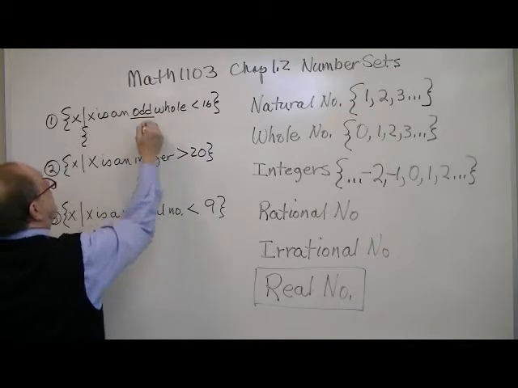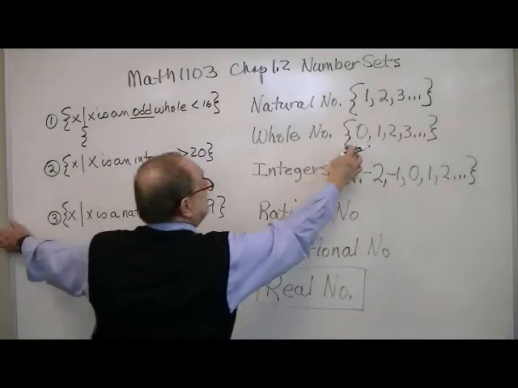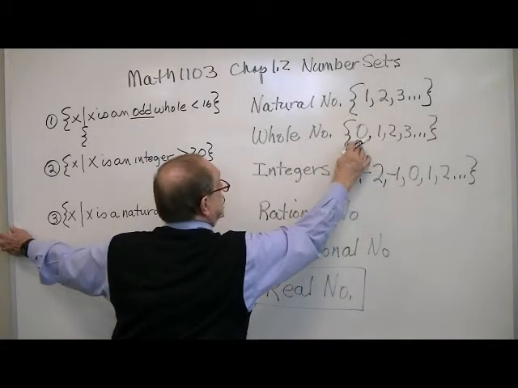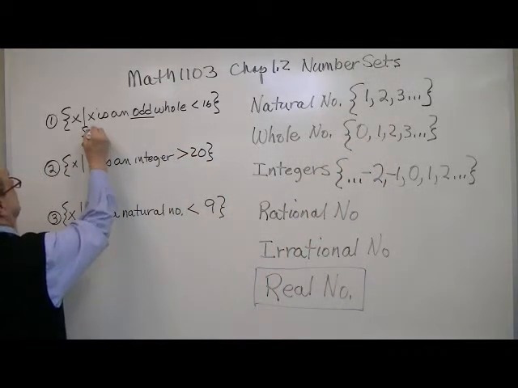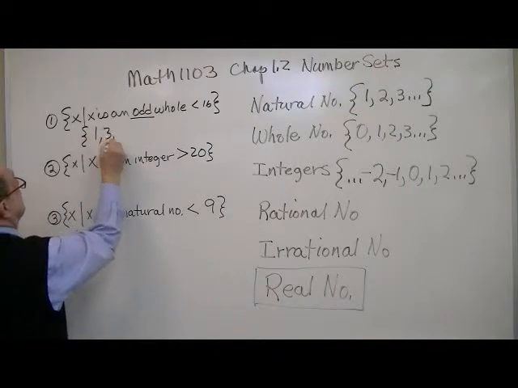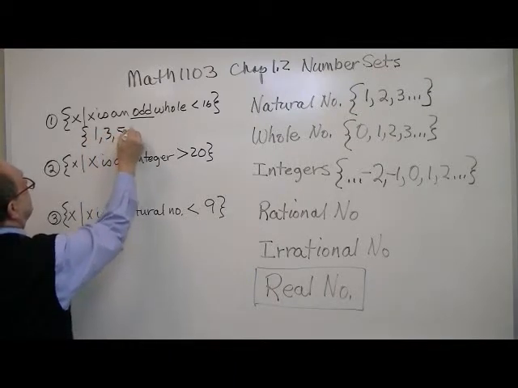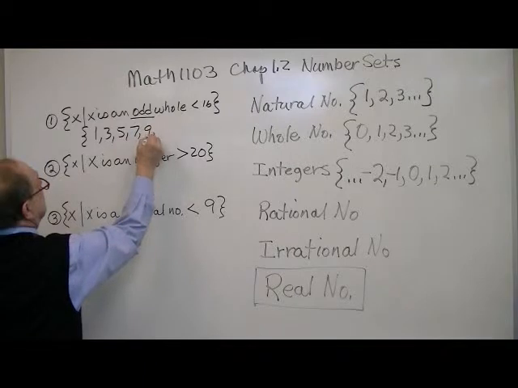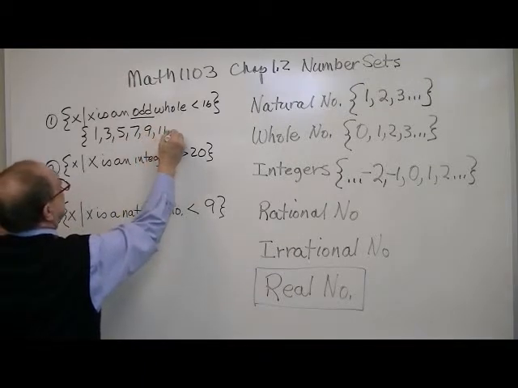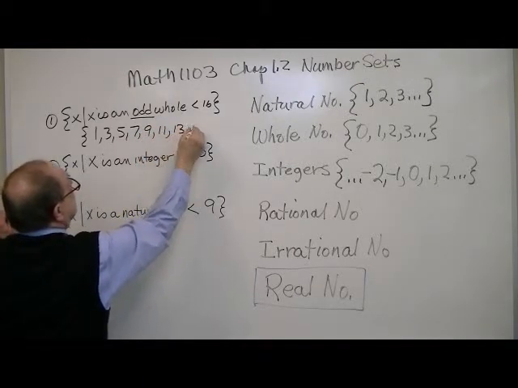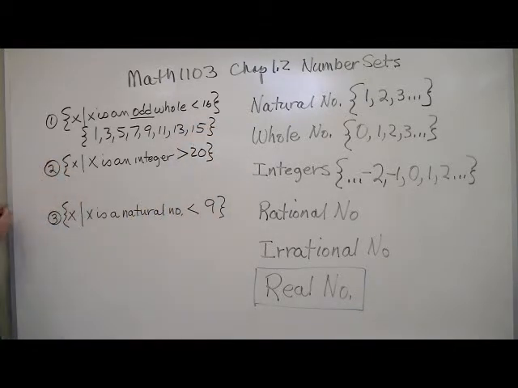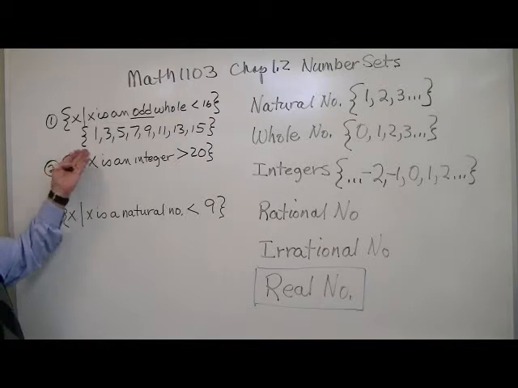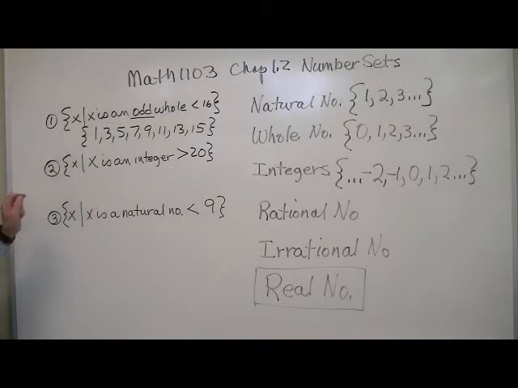So the key here is odd. So what number do we start with? 0? No. 1. And we use commas. 1, 3, 5, 7, 9, 11, 13, 15. And there's our set notation, that's how we write it.